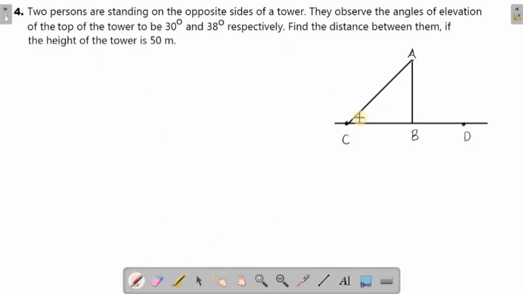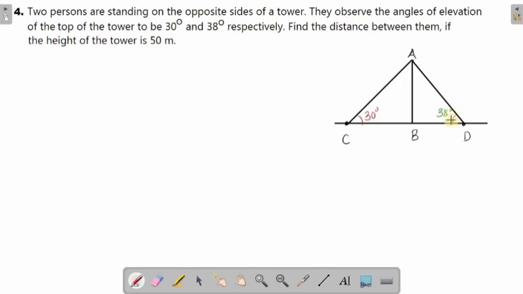So this angle of elevation is given to be 30 degree. And the other angle for the other person, the angle of elevation is given to be how much? The angle of elevation is given to be, that is this angle. Okay, so this angle is given to be 38 degree.